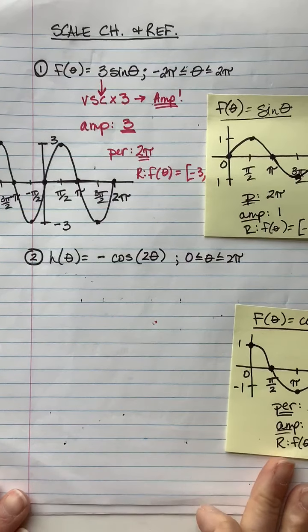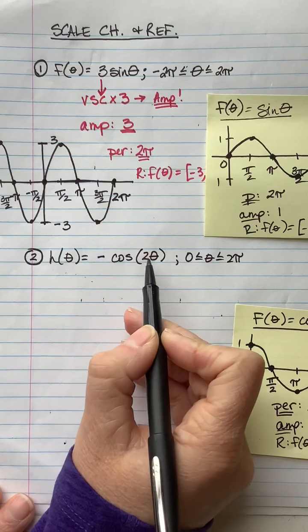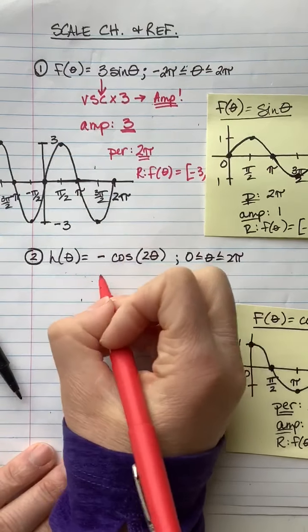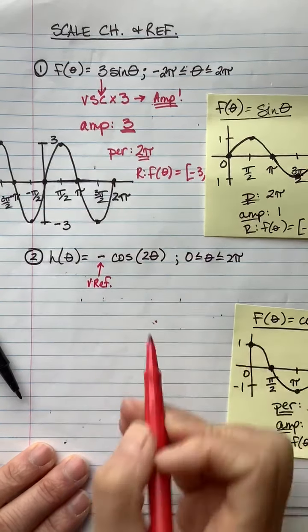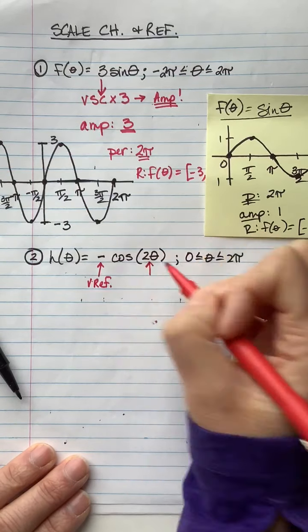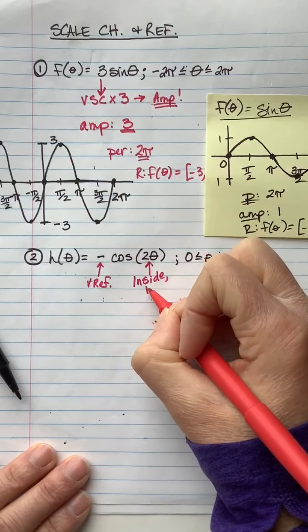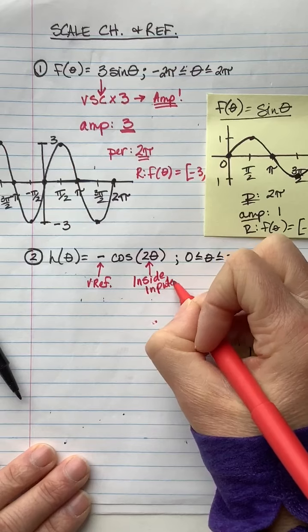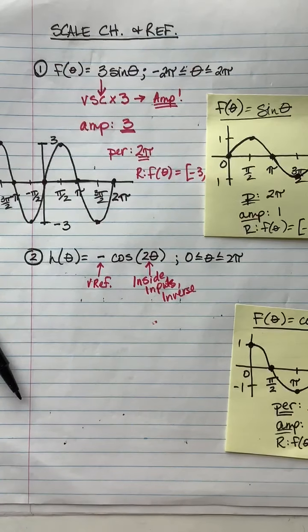Okay. On this one, you can see that we have a vertical reflection. Right here, this is output, so we're going to have a vertical reflection. And now this is inside the function, so it's going to affect your inputs inversely. Inside inputs inverse.